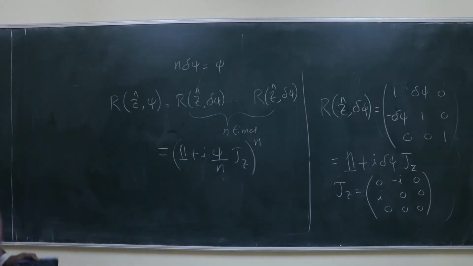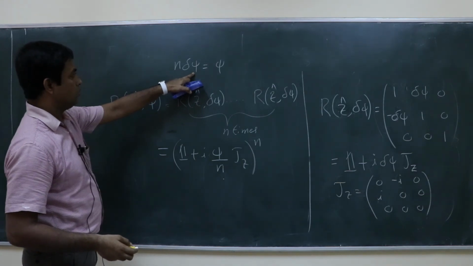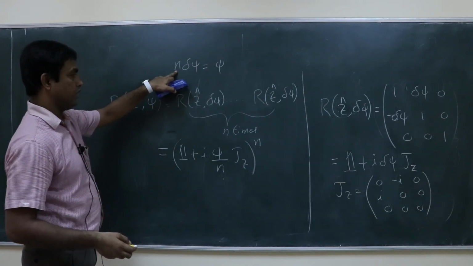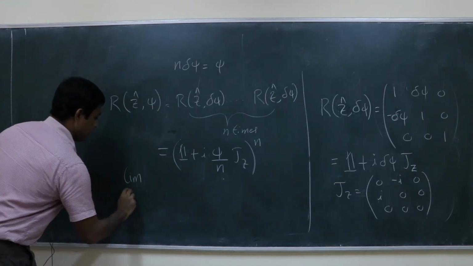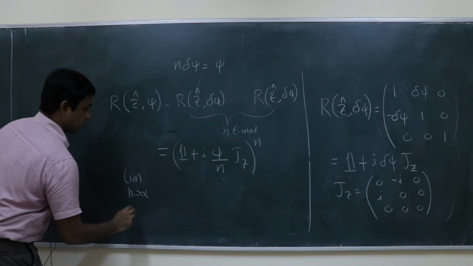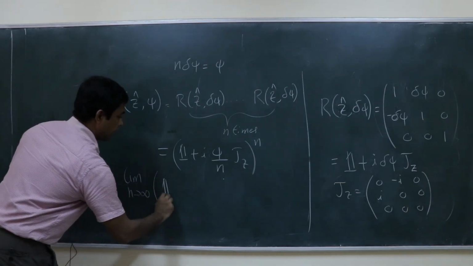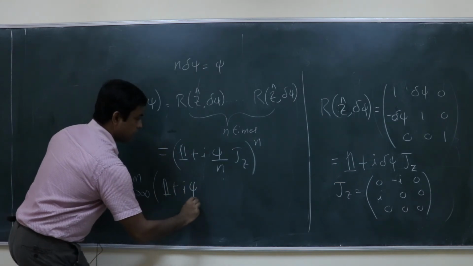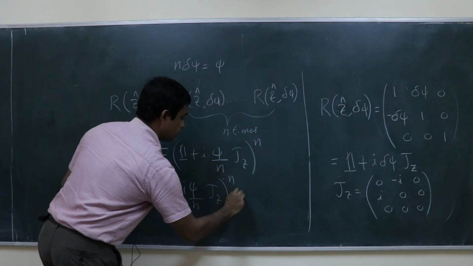So now I am saying delta psi tends to 0, that means n is very large, n tends to infinity. So what is the limit as n tends to infinity of identity plus i psi by n jz, power n?